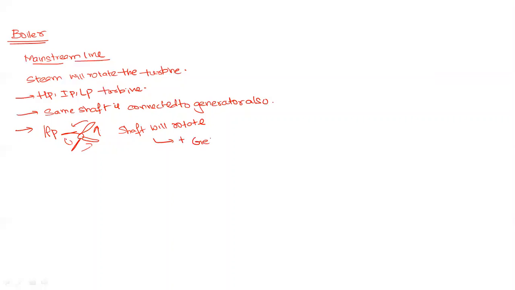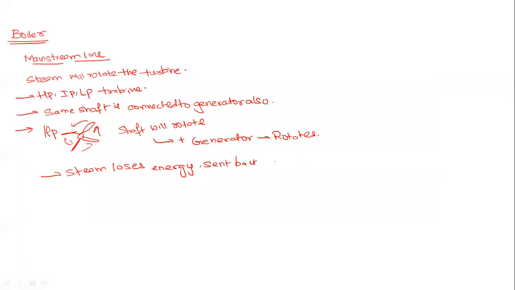When the steam admission is completed, the steam loses its energy and is sent back to the boiler to regain temperature. It comes down to 320 degrees and in the boiler area it regains 545 degrees again and rolls the IP turbine. From the IP turbine it goes to the LP turbine.